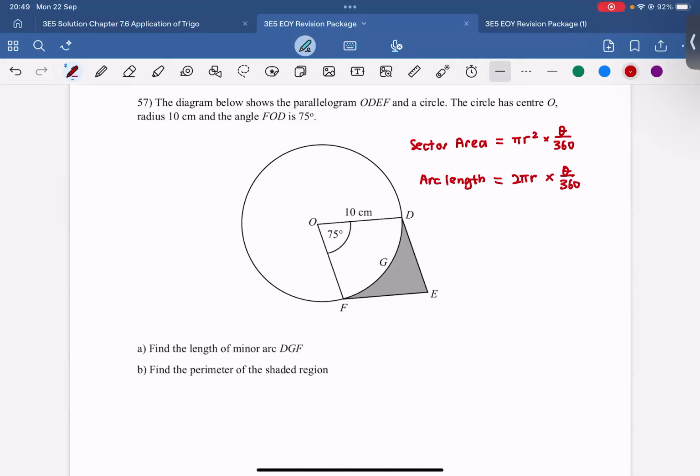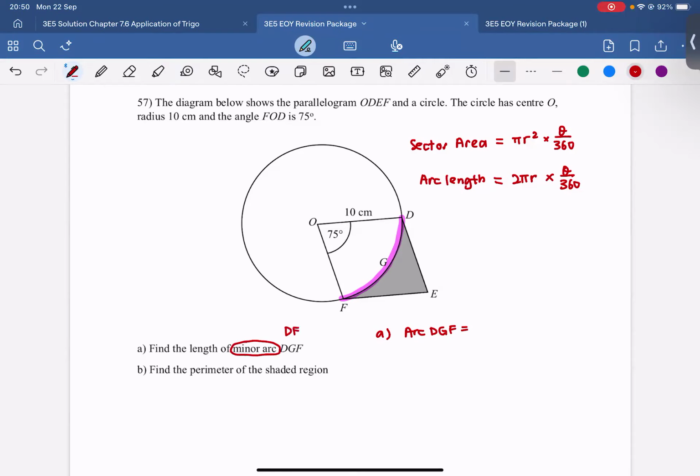Okay, so find the length of the minor arc DGF. So you must understand what the question wants you to find. Sometimes they will put the word segment, sector. You need to be clear. So minor arc DGF means they want to find this. So very simple, just apply the formula. Do you know why they want to put minor arc or not? Sometimes they will just trick you by saying DF.